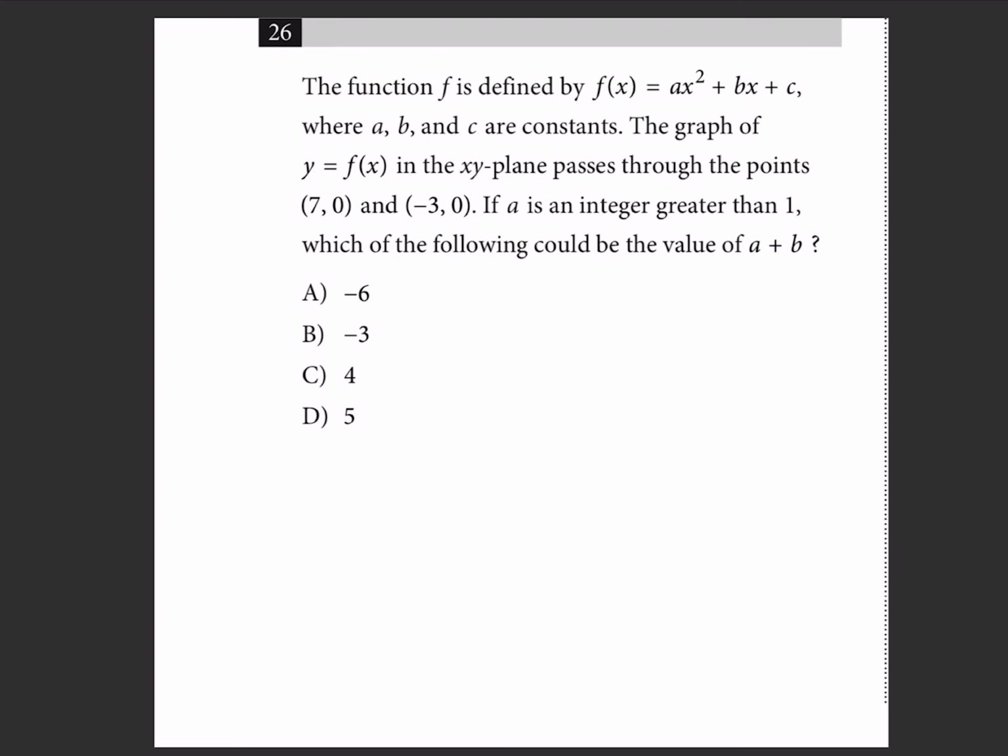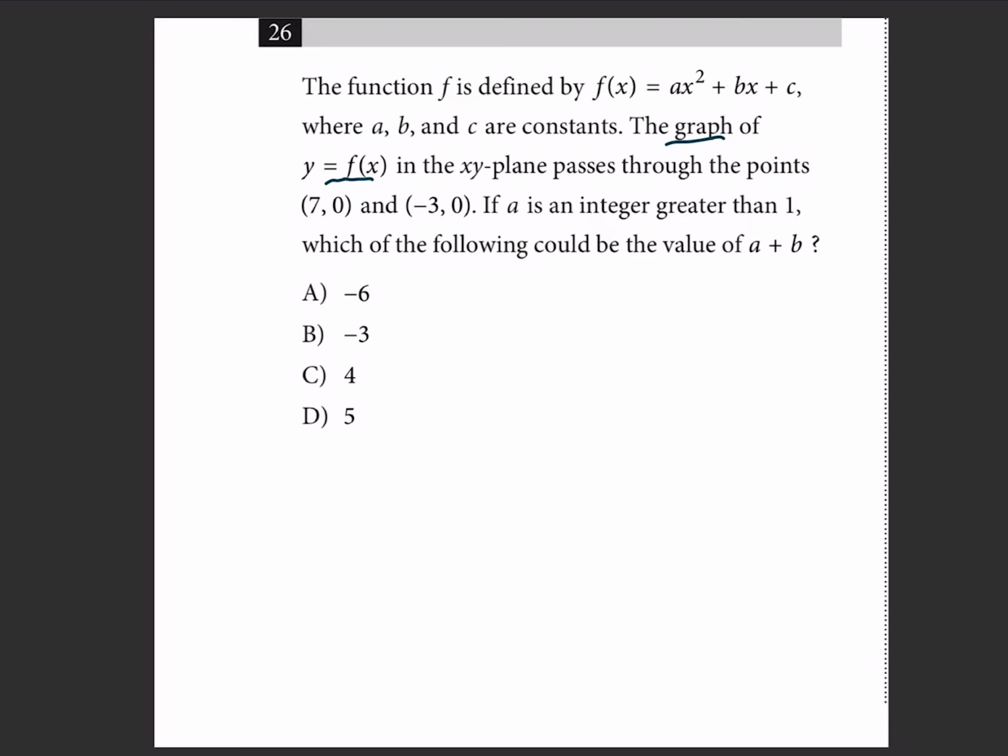So for 26, it says there's a function defined by ax squared plus bx plus c, where a, b, and c are constants. So it's just a regular quadratic function model. So the graph of y equals f of x in the xy plane passes through the points 7, 0, and negative 3, 0.